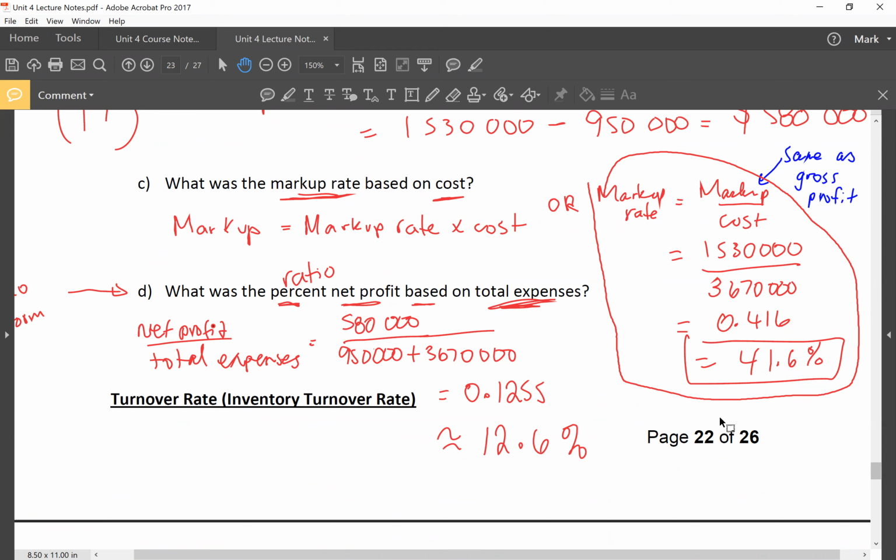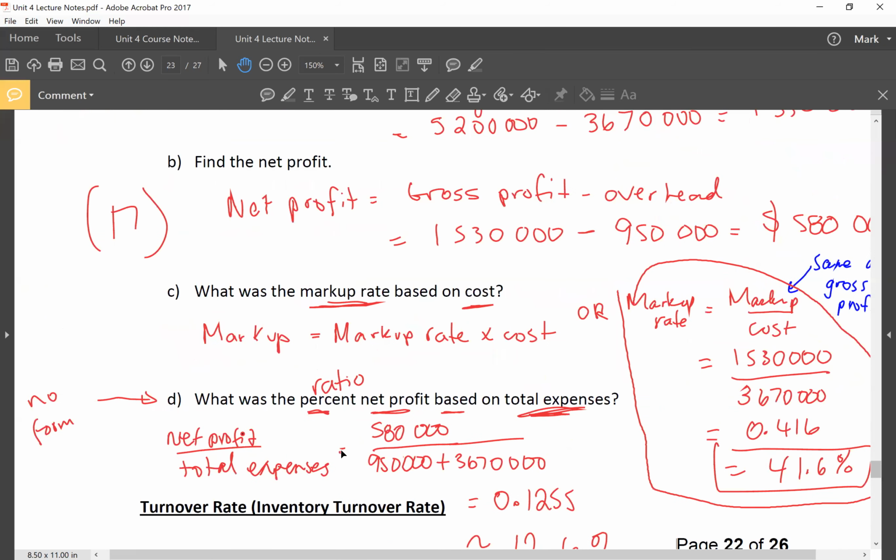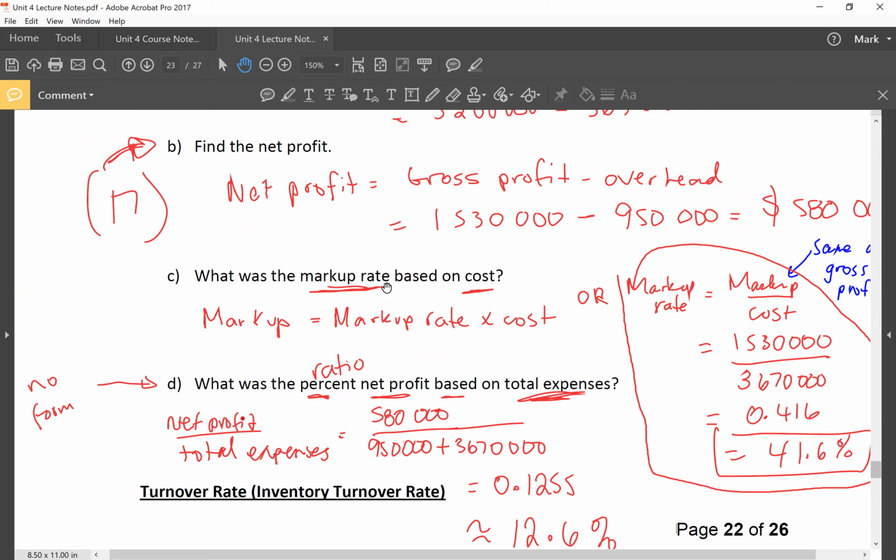I divide those out because that's what a percent is. That's what a ratio is. It's a part over the whole. And then I got 0.1255 and 12.6%. So you are right, I do need 17 to find the net profit, but we did that in B. So it was already done for us. If you didn't do question B, yes, you would start with equation 17.